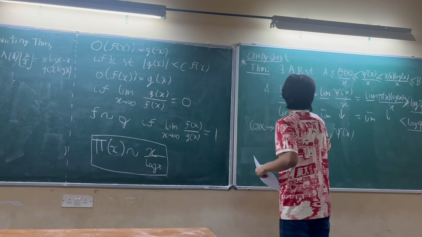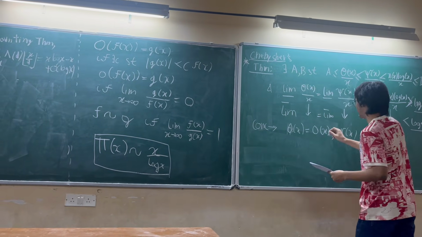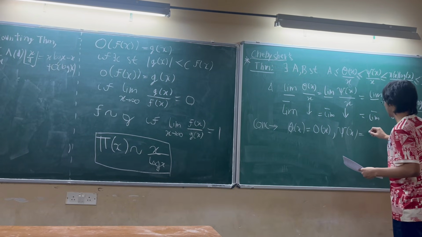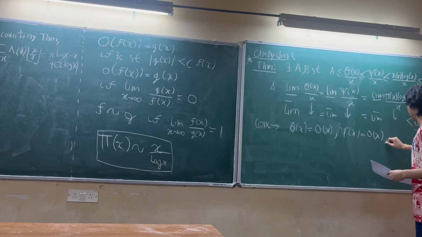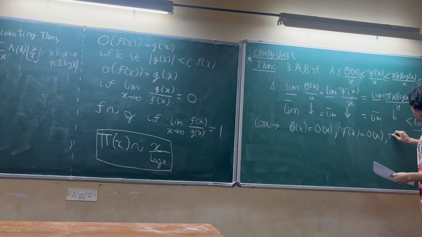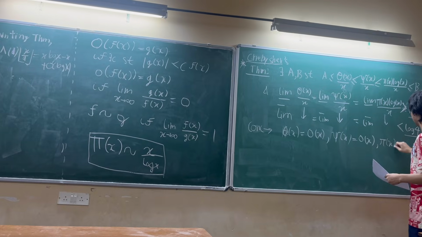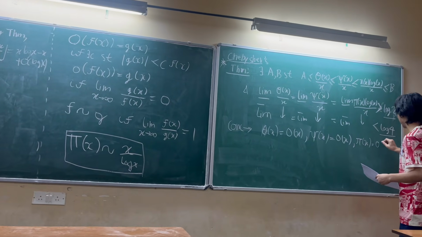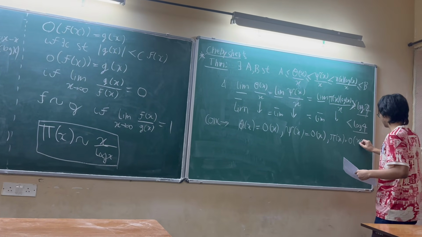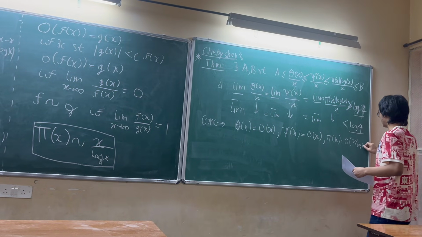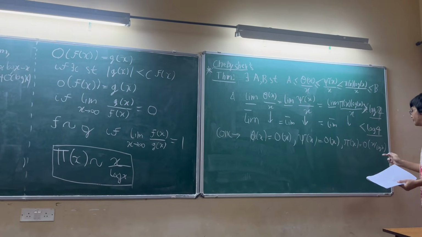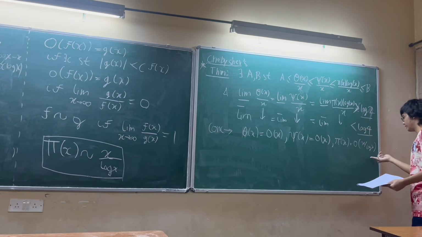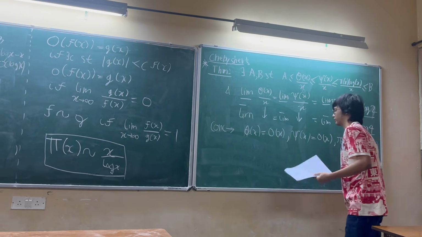Theta. As a consequence, theta of x is of the order of x, psi of x is of the order of x, and pi of x is of the order of x by log x. Now why is this x by log x? Because pi of x multiplied by log x is of the order of x. So when you take the log x here, it becomes order of x by log x.